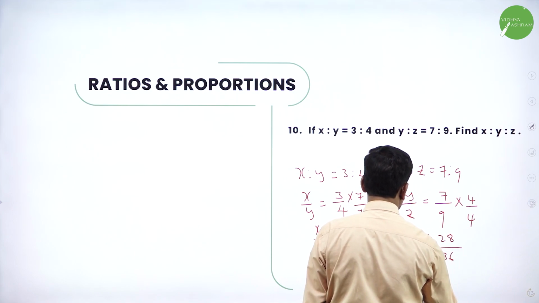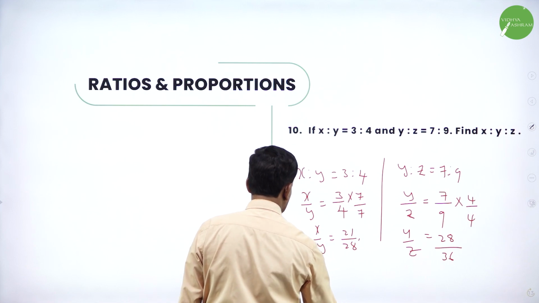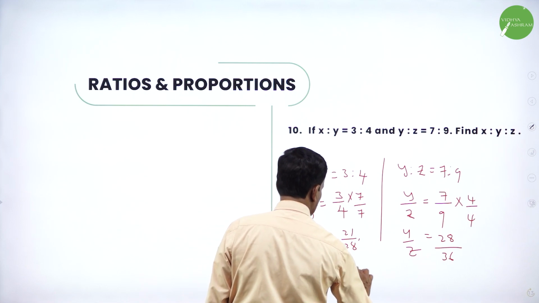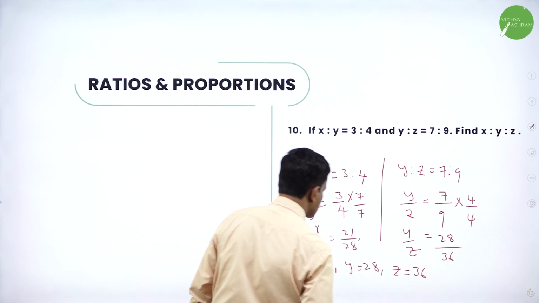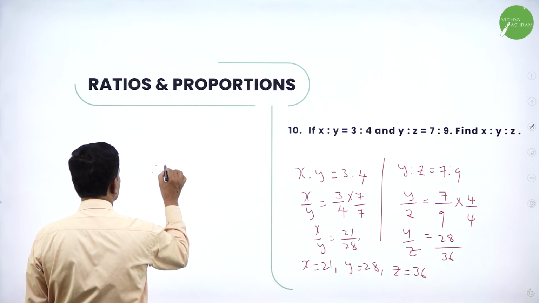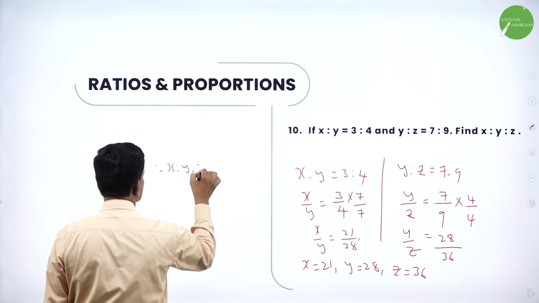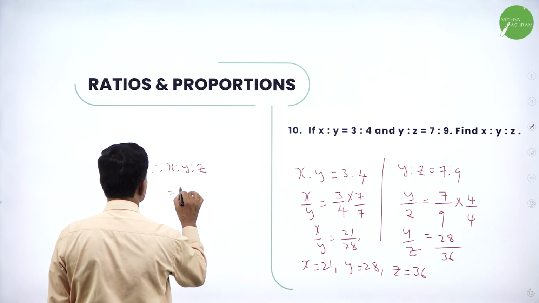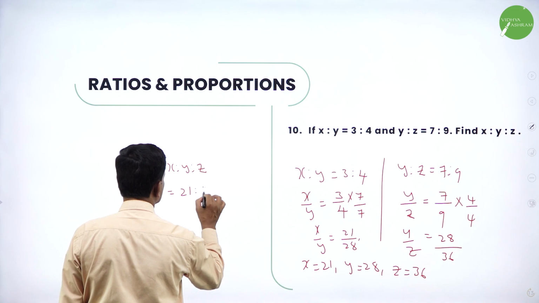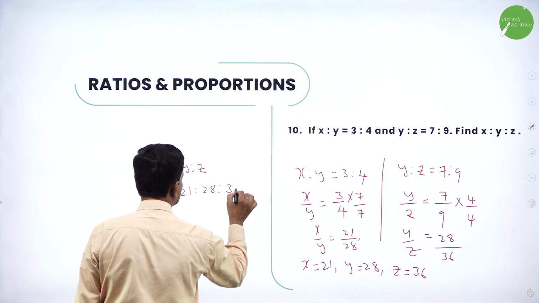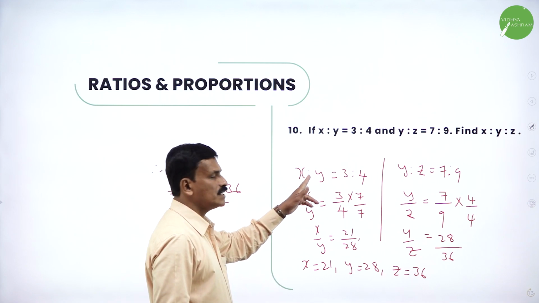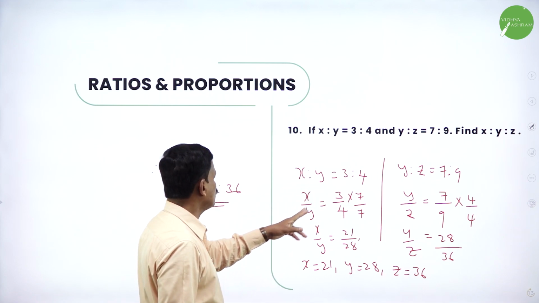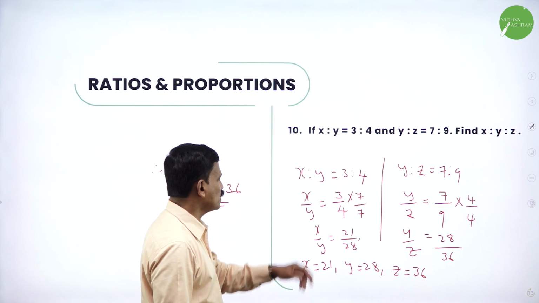So we can say here X is equal to 21, Y is equal to 28 and Z is equal to 36. So the ratio, therefore, X is to Y is to Z is nothing but 21 is to 28 is to 36. That's it. Very simple problem. Just what is given? X by Y is equal to 3 by 4, multiply by 7.